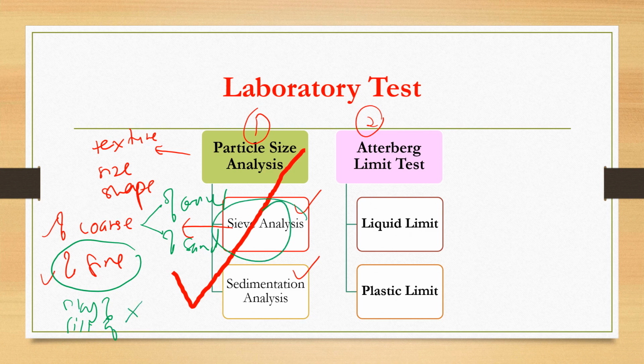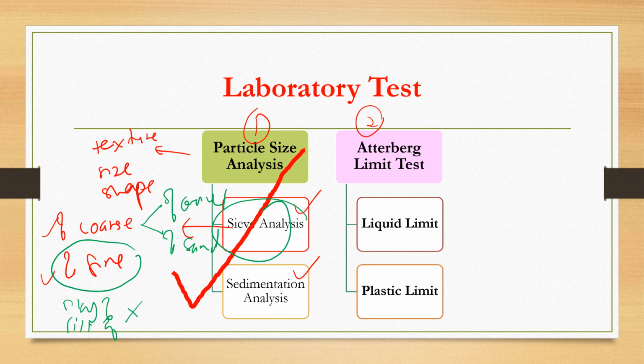You cannot further identify what the types of fine grain soil are. So let's say from the sieve analysis results, you know the percentage of fine grain soil, and it has, for example, a sufficient amount of fine grain soil.